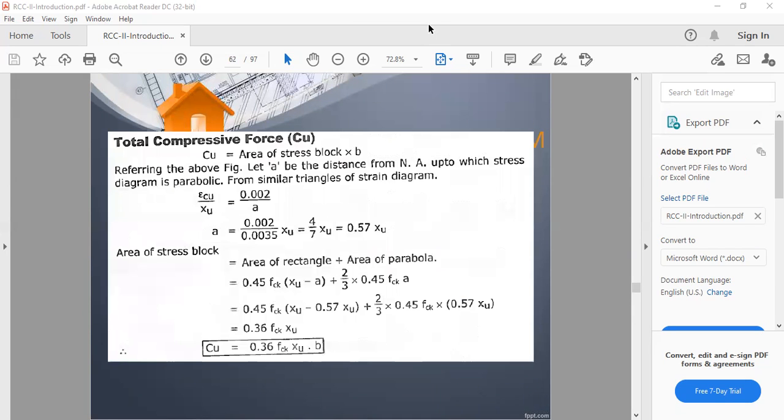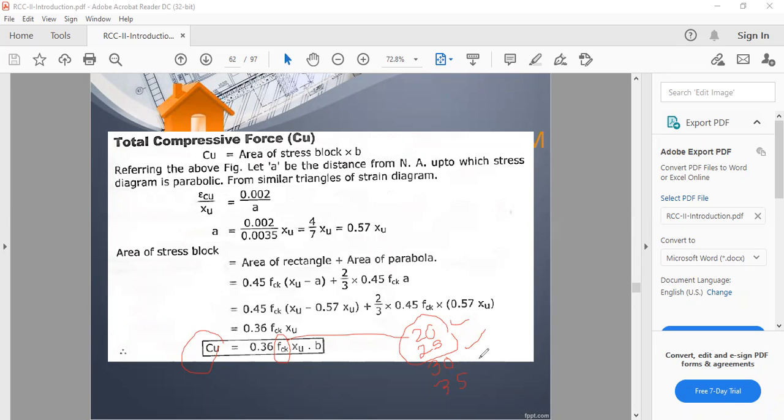Similarly, if you look at this compressive force, there are parameters. FCK is the characteristic strength of the concrete. This grade of concrete could be M20, M25, M30, or M35. Most of the time you may see either 20 or 25 in the problem.